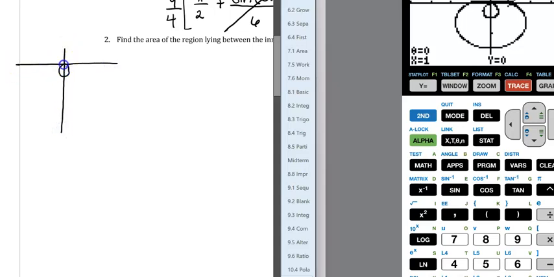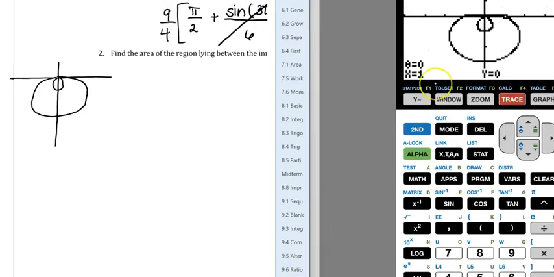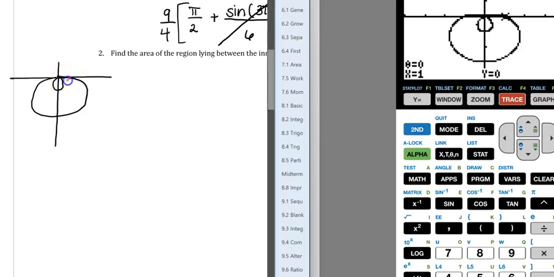We have an inner loop, and then we have an outer loop. So when we hit trace, we start off at the rectangular point 1, 0. So we get a point right here.